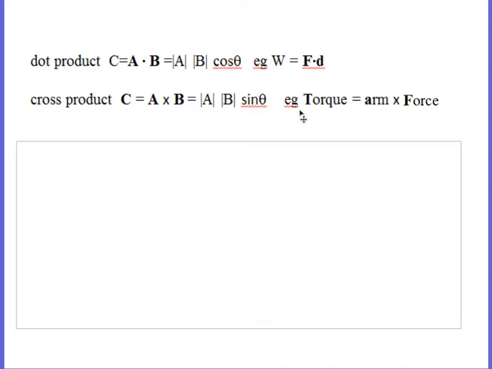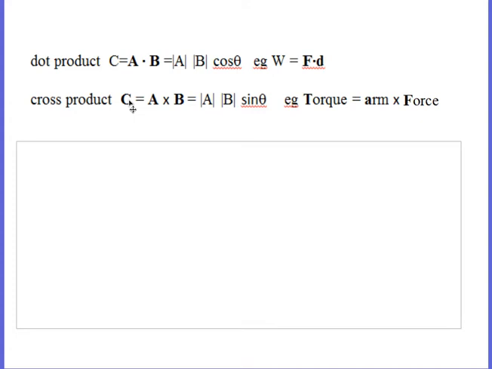Whereas when we did torque, the result of multiplying two vectors was a vector. So it's a vector product or cross product. And there you were only interested in the perpendicular components, and so it was AB sine theta. So the magnitude was given by this, but there is an issue.